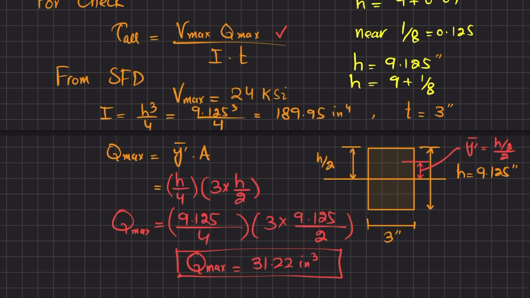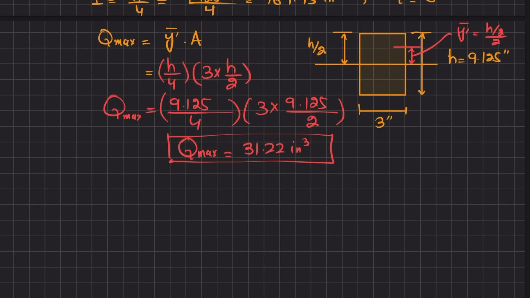Now you have all the values in this formula, so you can just put it over here. I will write it again. Tau allowable is equal to V max into Q max divided by I into T. We can also say this is the maximum shear stress developed due to this height h and given loading. So maximum shearing stress, we are finding it, V max is 24 ksi.